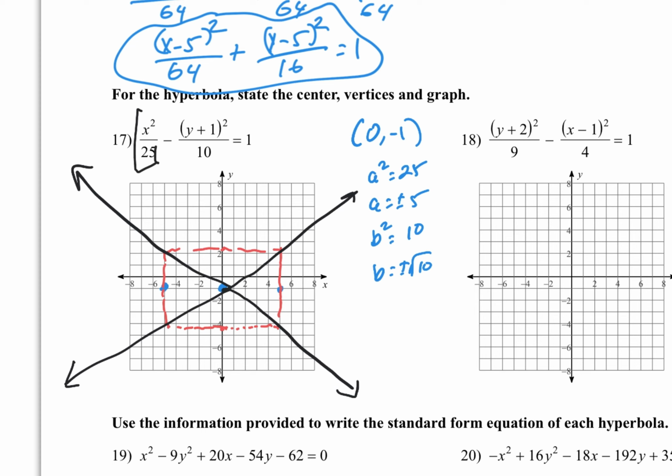And then because it's X first, that means they need to go in the X. So we follow the asymptote line through that vertex and down. Follow the asymptote line through the vertex and down. Again, the blue there is the hyperbola. The rest is just to help us draw it.